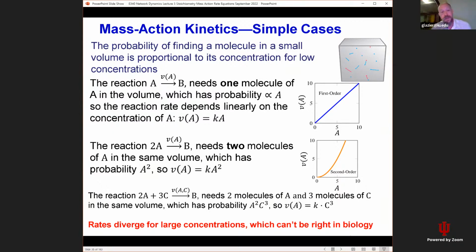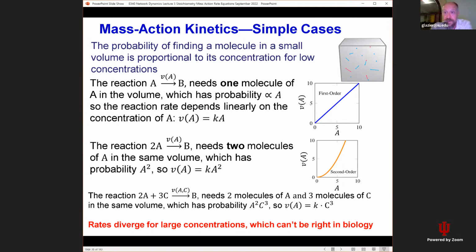But our basic mass action observation is we need one molecule in the volume, probability is proportional to concentration. We need two independently, the probability is proportional to the square. If we needed 7, it would be the 7th power. So for the reaction 2A plus 3C, we need 2 A's, that's proportional to A squared, and we need 3 C's, it's proportional to C cubed.